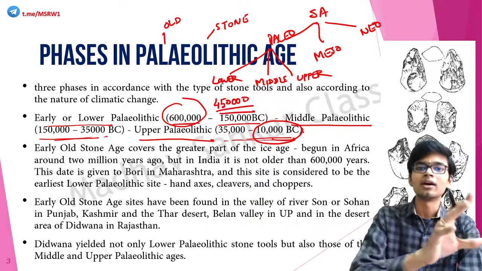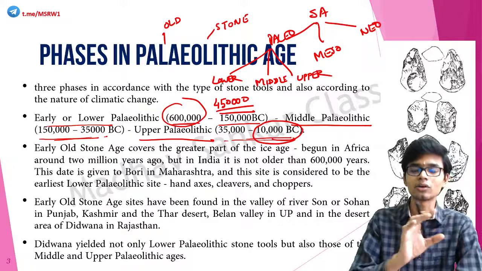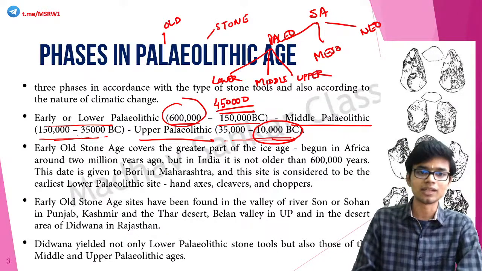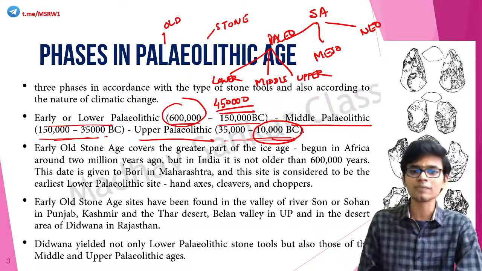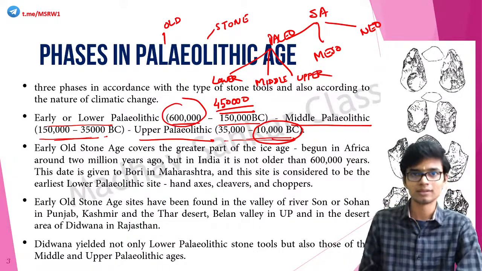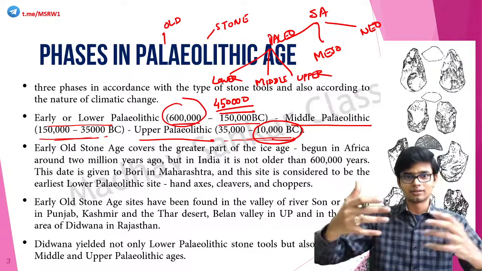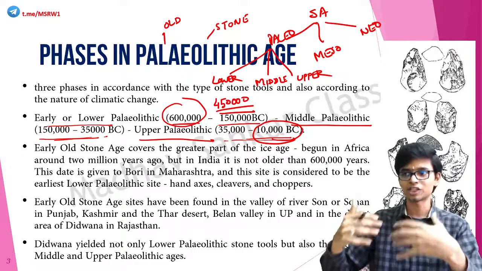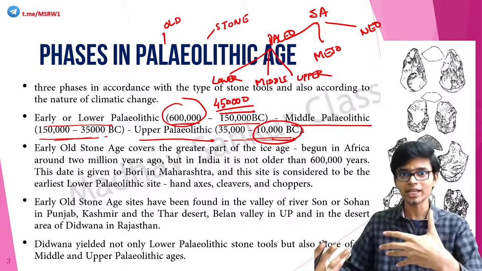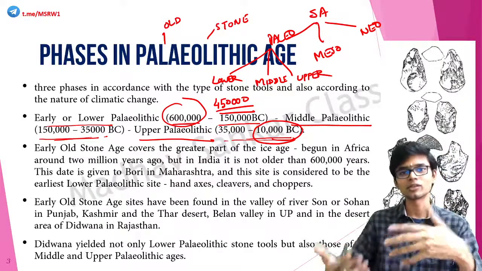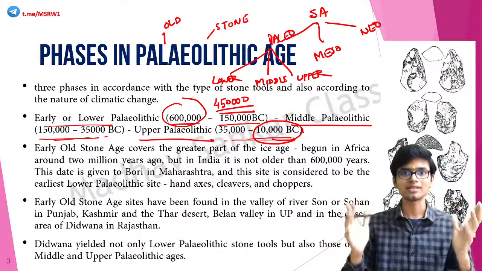The Middle Paleolithic period is comparatively shorter, and the Upper Paleolithic period is the shortest. But we have much more information and knowledge about the Upper Paleolithic age compared to the other ages. Why? Obvious reasons, because it is closer to our recent time period.